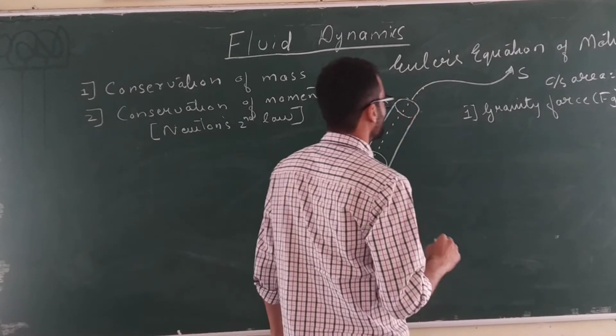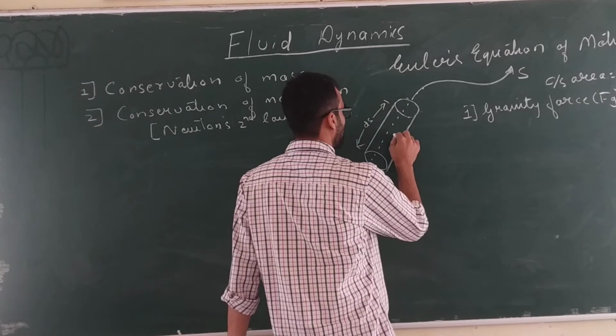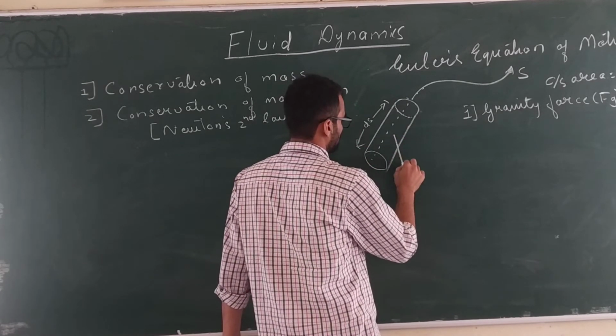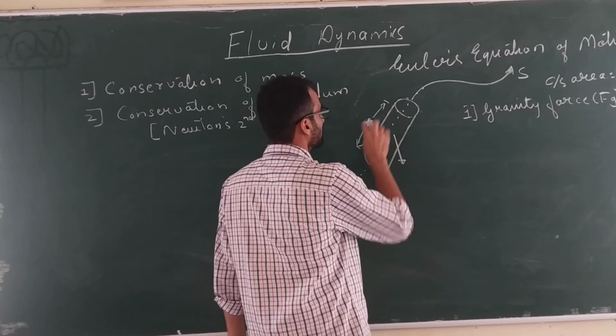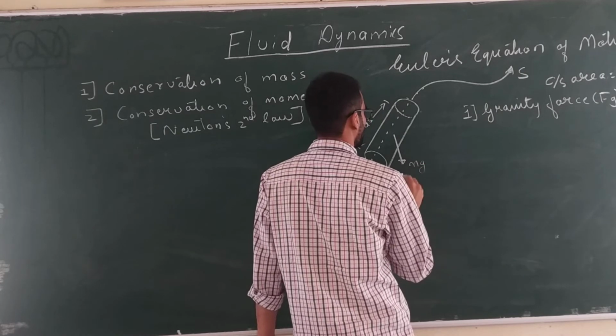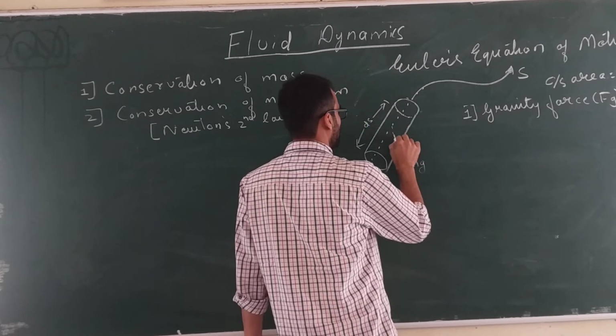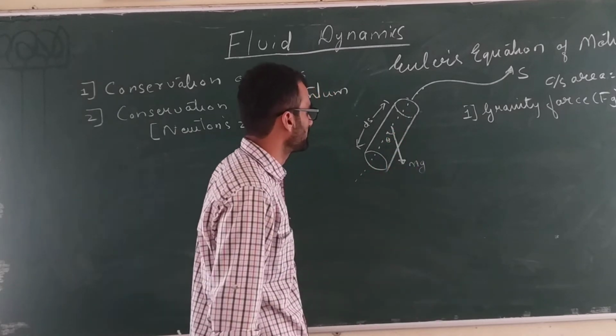Let's see what the gravity force is here. Gravity force is a body force. It will act like this on the body of this cylindrical element. It will be m into g. Let us say this angle is theta.